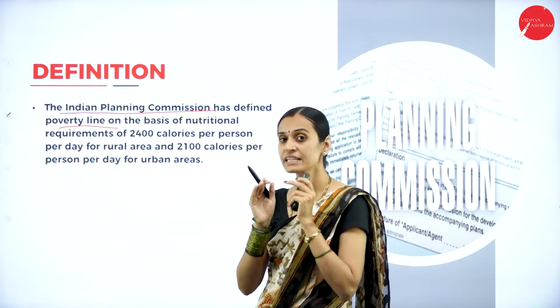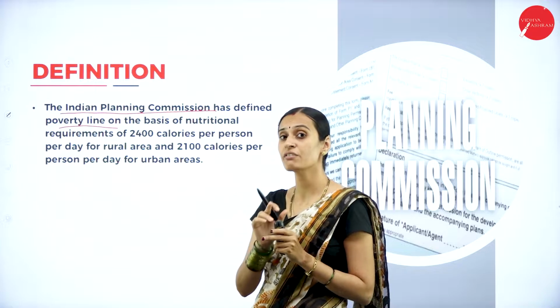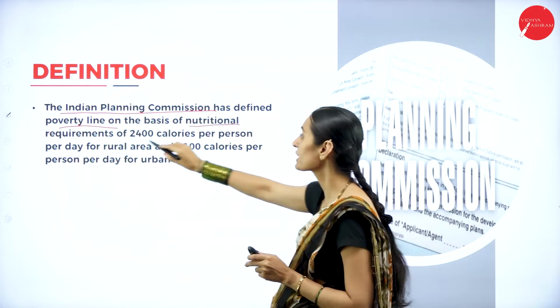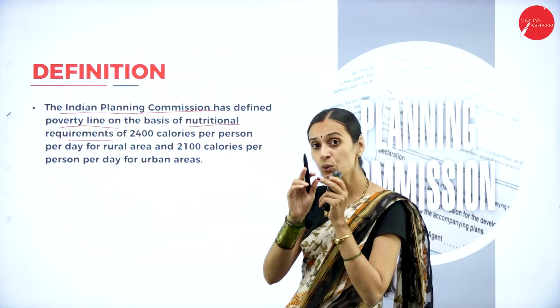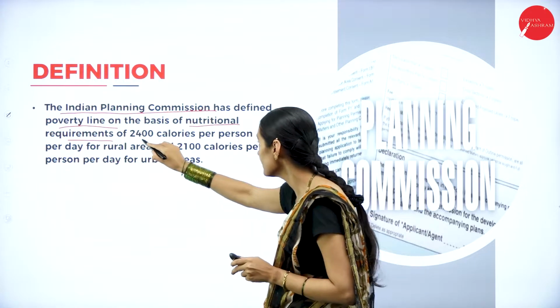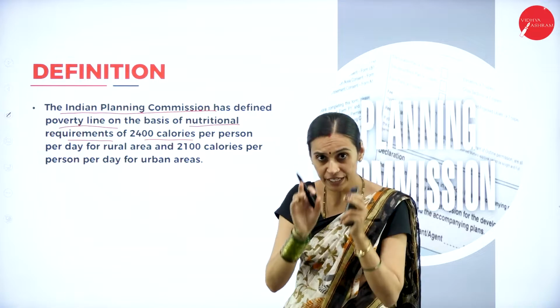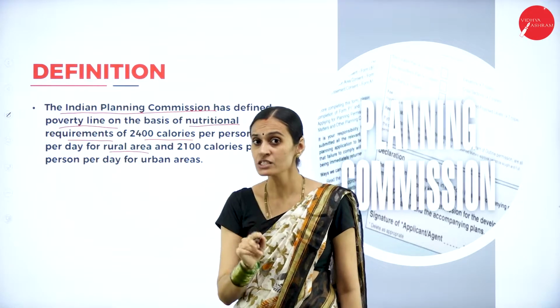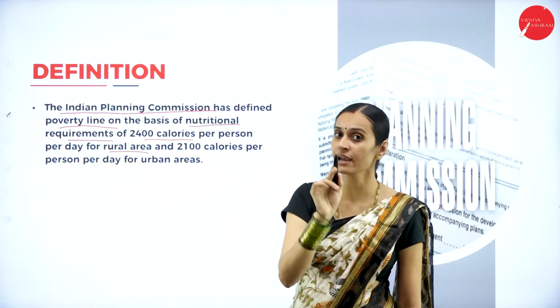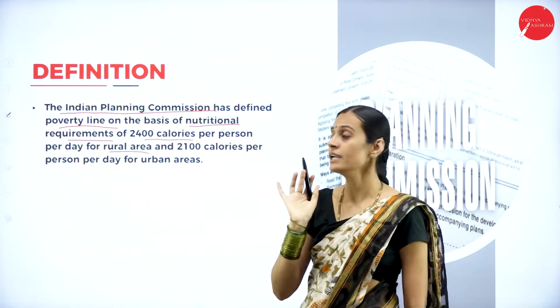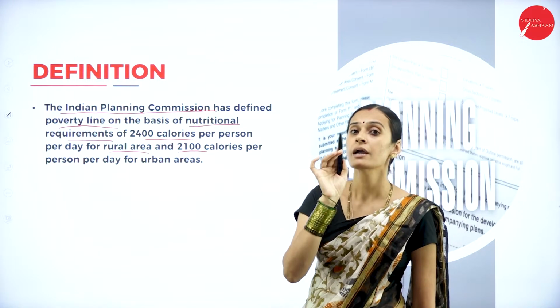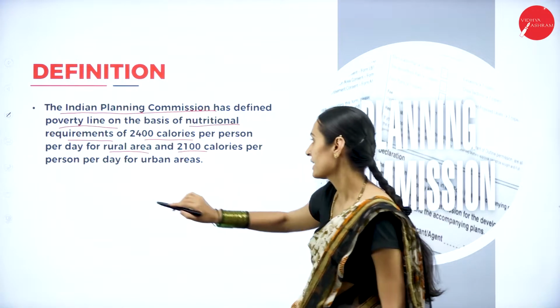According to the Planning Commission, the poverty line is defined on the basis of nutritional requirements of 2400 calories per person per day in rural areas and 2100 calories per person per day in urban areas.